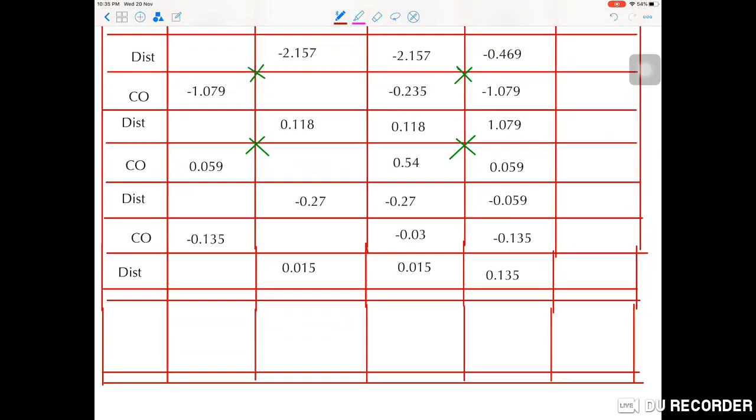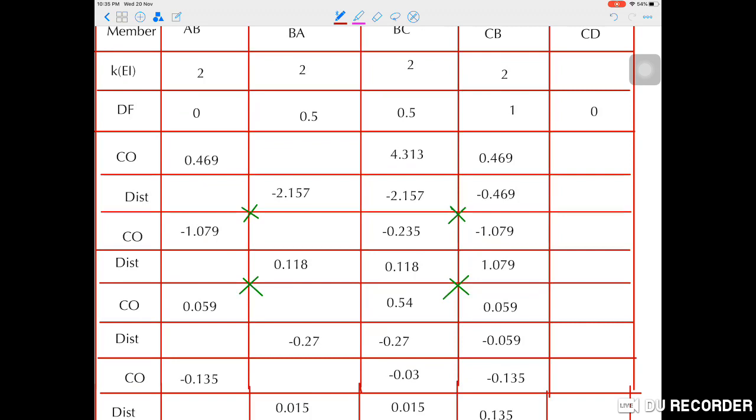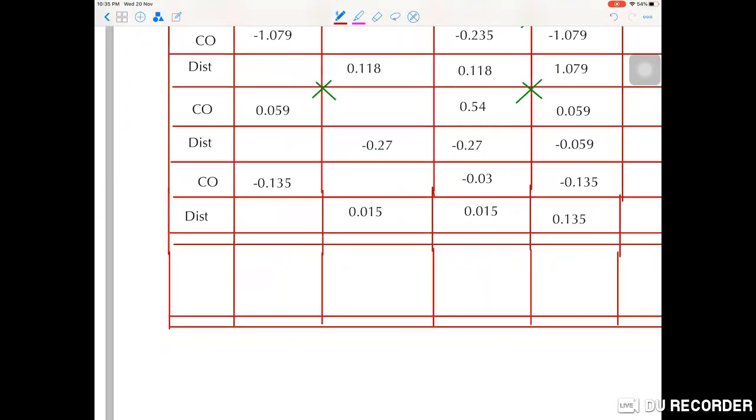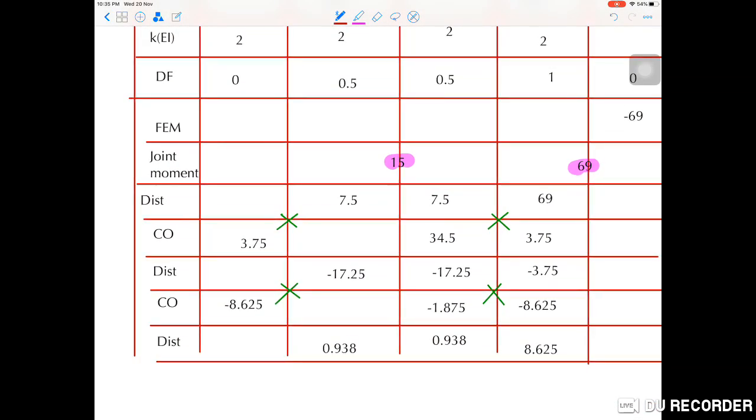Okay, now is the time to calculate the member end moment. Okay, start with this one.